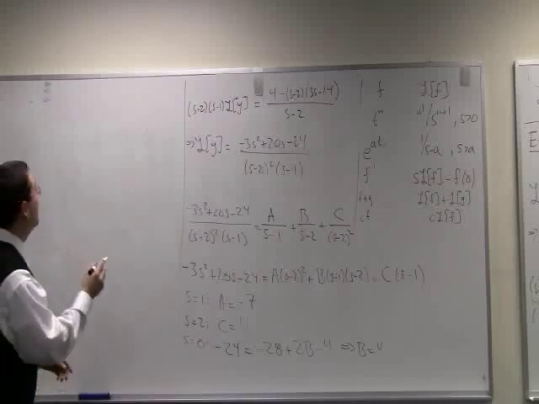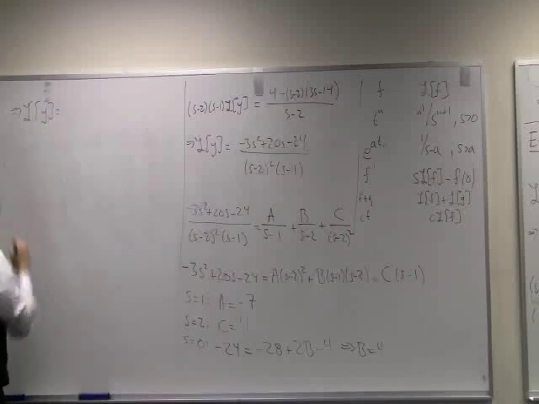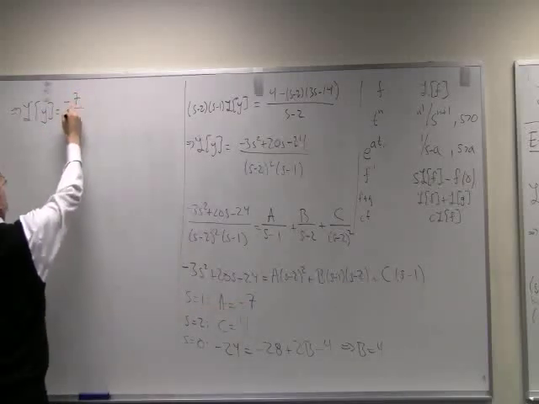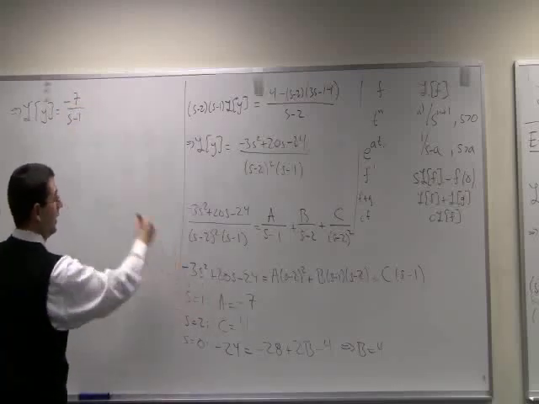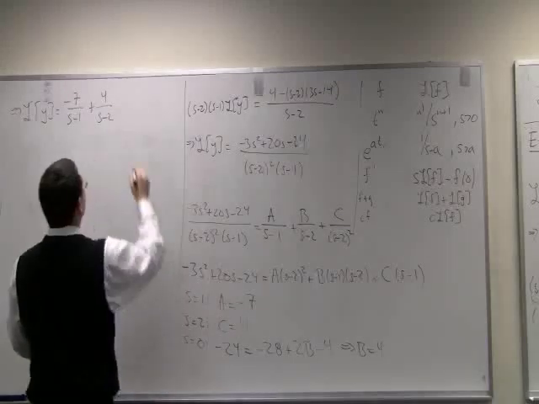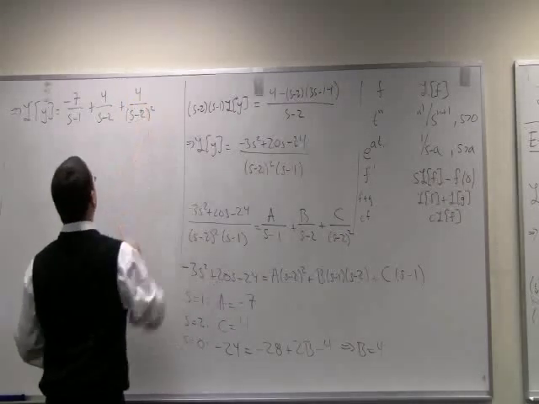So we now know that the Laplace transform of y equals minus 7 over s minus 1, and 4 over s minus 2, and 4 over s minus 2 squared.